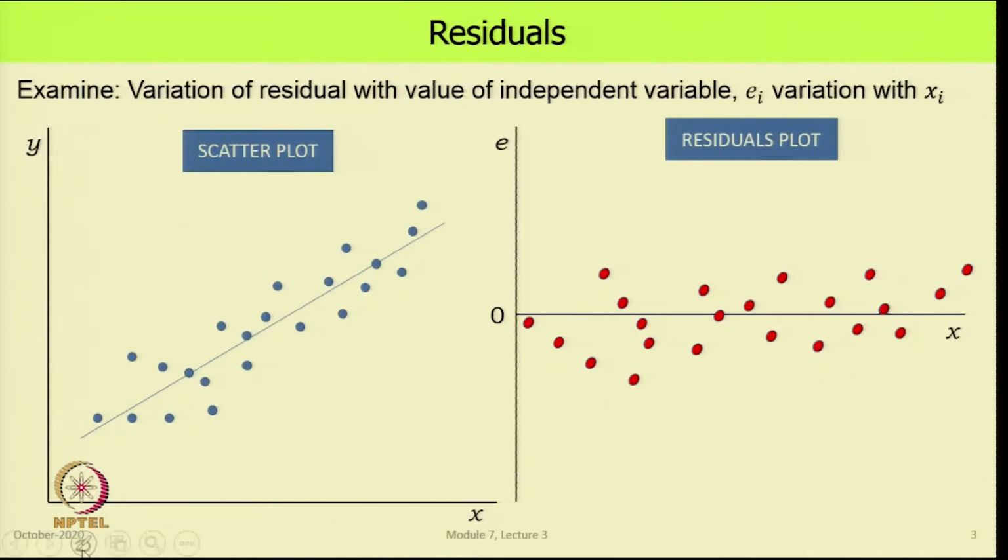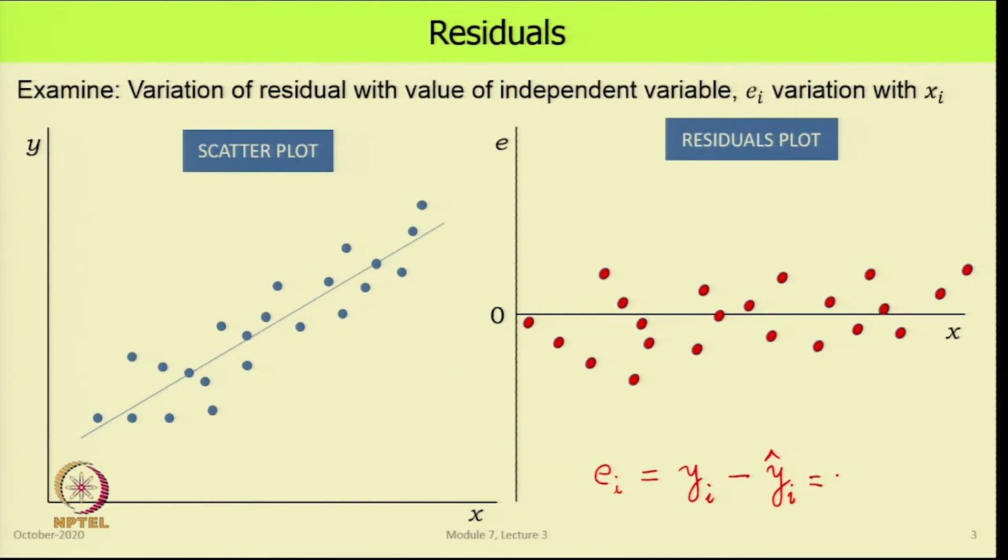We came across residuals in our discussion on regression, where we defined the residual e at a point i as the value of y at that point minus the predicted value for that same x_i.